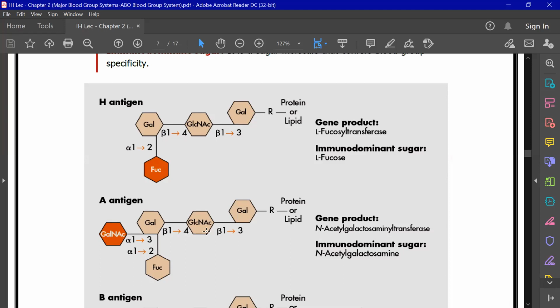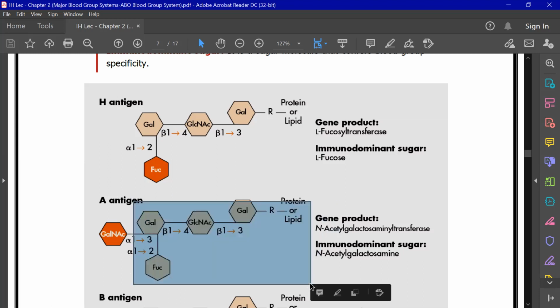Okay? So the inheritance of your ABO gene will now produce or elicit the production of your protein or enzyme called your N-acetylgalactosamine transferase. And this enzyme class or this protein will add the N-acetylgalactosamine sugar to this H antigen structure. So ito na siya.